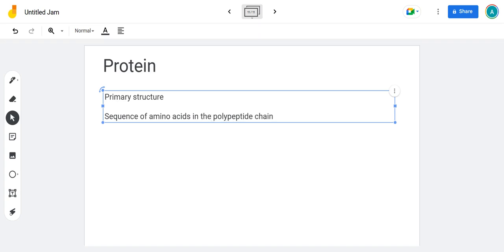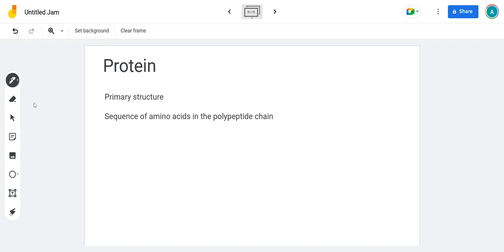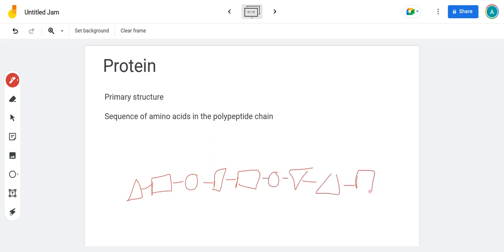So if we were to draw this, I drew it a minute ago as just rectangles, but more often than not, they draw them as different shapes. That's because there's actually 20 different amino acids, and this just starts to represent that there's different amino acids. That they're not all the same monomer joined together, they're actually all different.